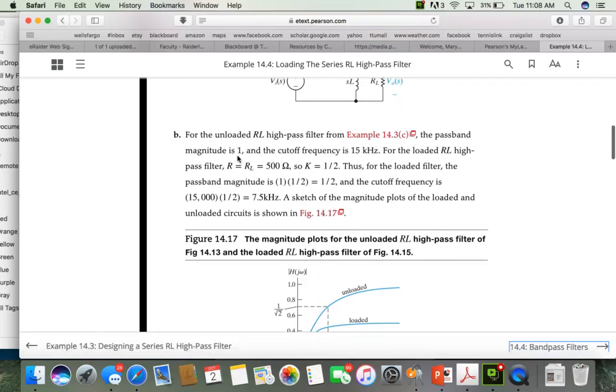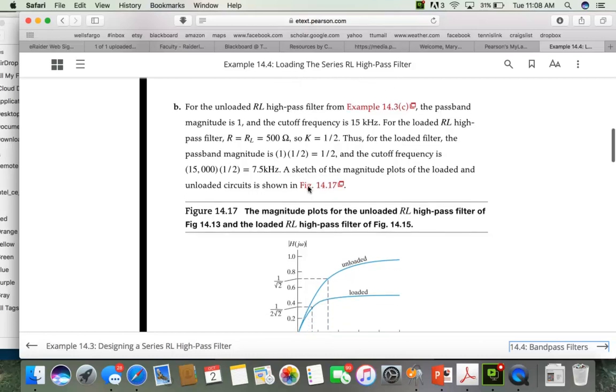The passband magnitude is 1. The cutoff frequency is 15 kilohertz. When we load it, the maximum gain that we get in the passband is 1/2. That's when the load is equal to the resistance in the filter. Our gain would be 1/2, and our cutoff frequency would be 7.5.